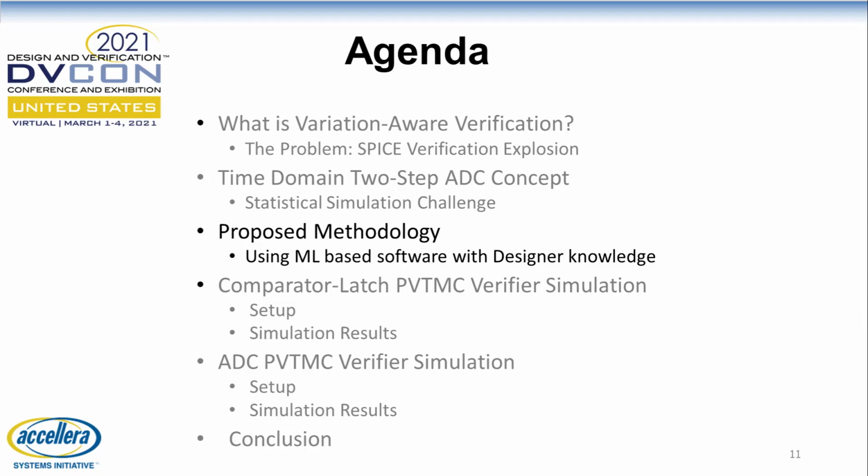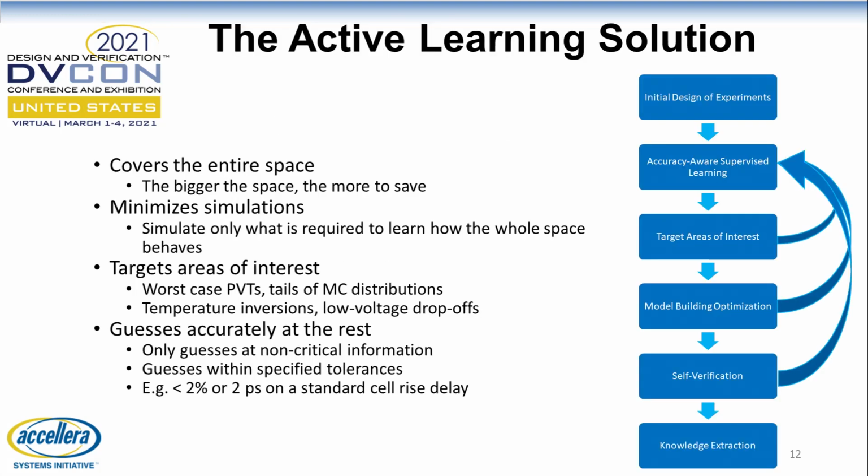Let's look at the proposed methodology which uses machine learning based software in conjunction with designer's knowledge. The solution that we came up with, the Solido, uses active learning and had some really nice attributes compared to some of the other algorithmic approaches that we have seen for analog verification.